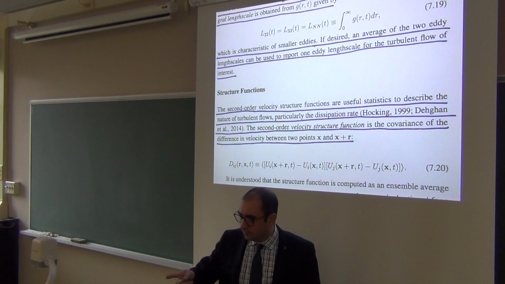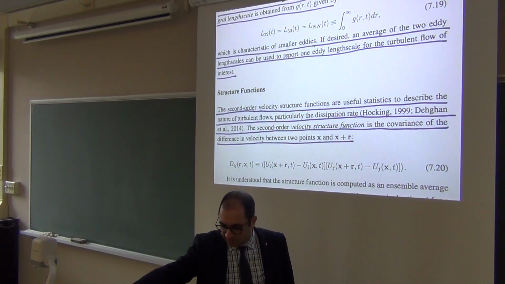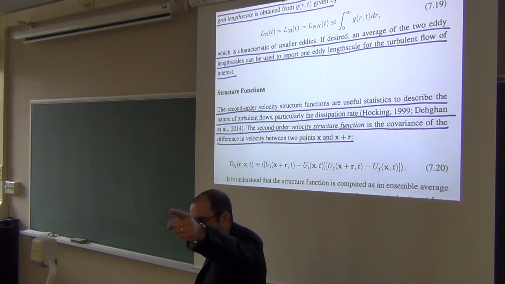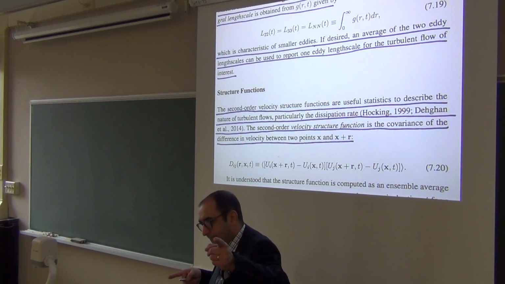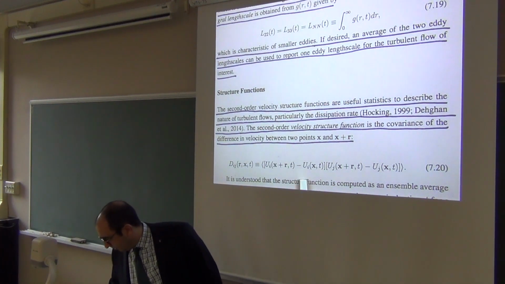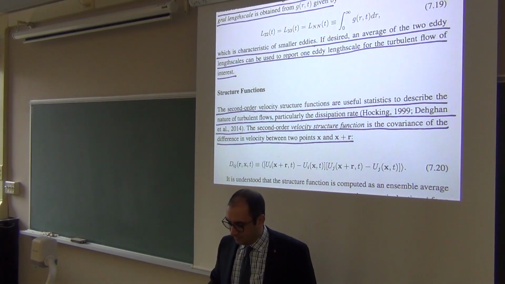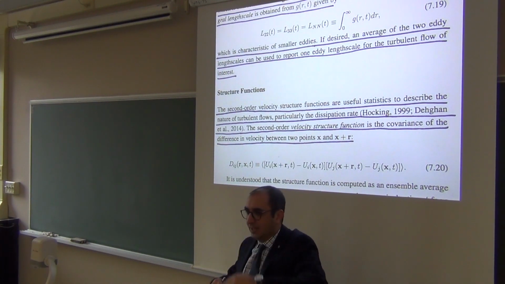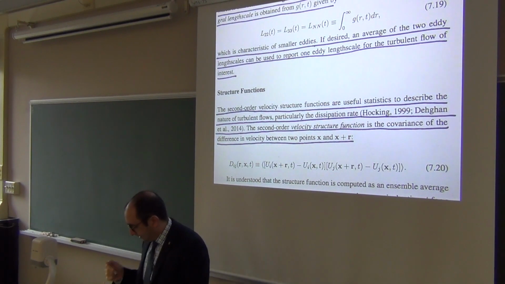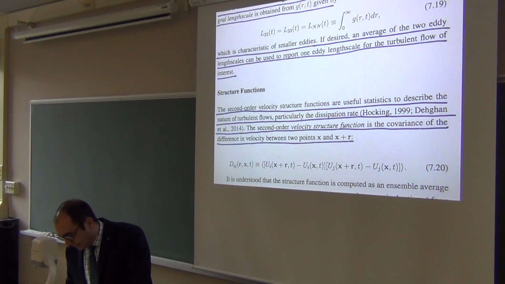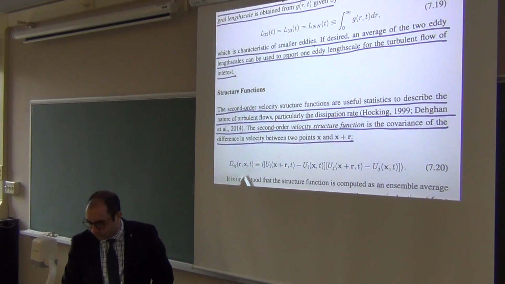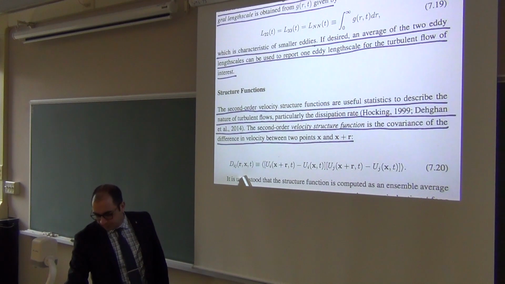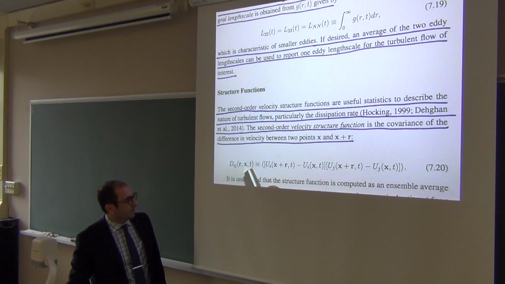Let's say U, not fluctuation, total velocity in the x direction, U1, and then the difference of the two, multiplied by V components, the difference of the two. I can calculate some sort of covariance there. This is known as the structure function, and again, it's a function of displacement vector r, x and time t.